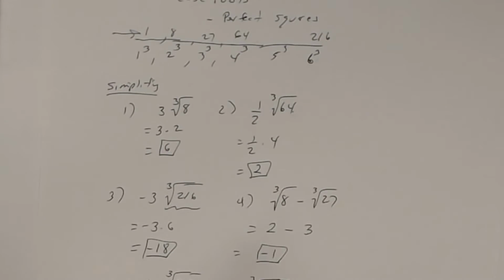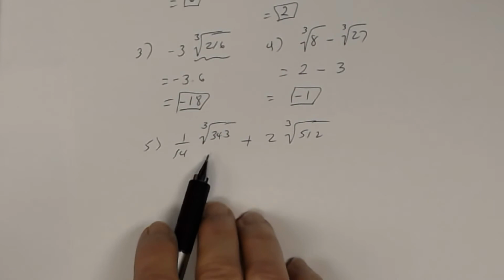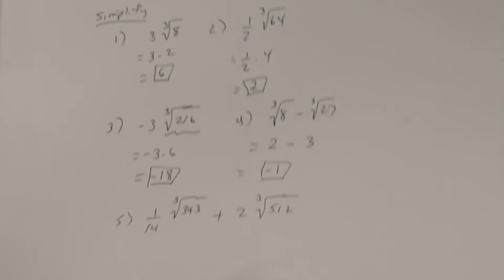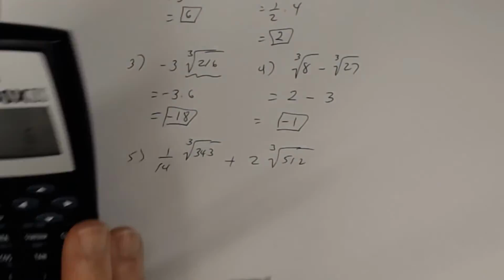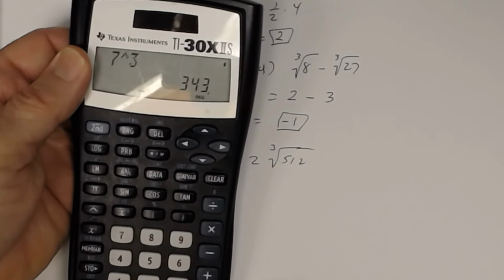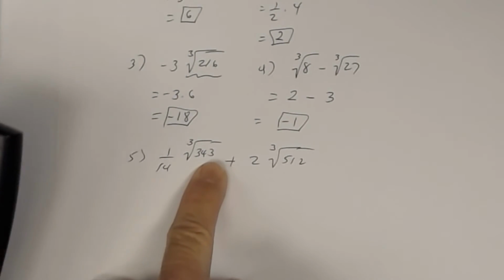You know that 6 cubed is 216, and since 343 is bigger than 216, this has to be larger than 6. So if you want to try 7, try 7. 7 raised to the third equals 343. So the cube root of 343 is 7.